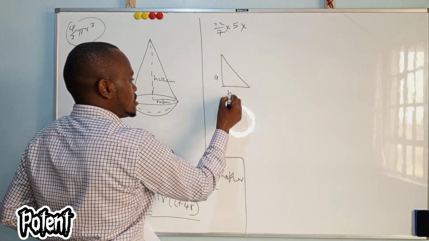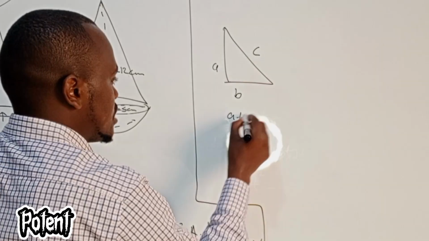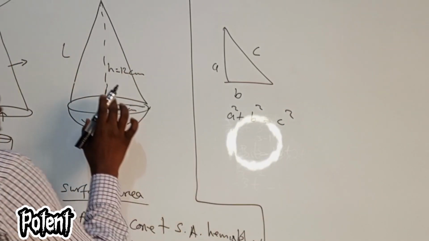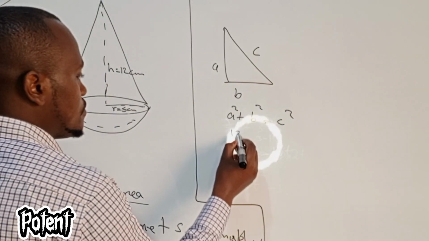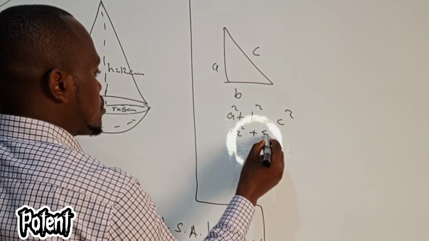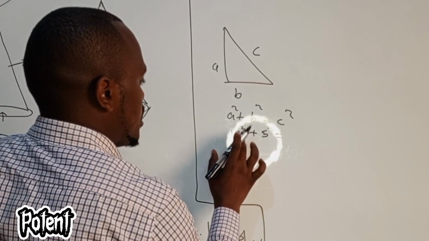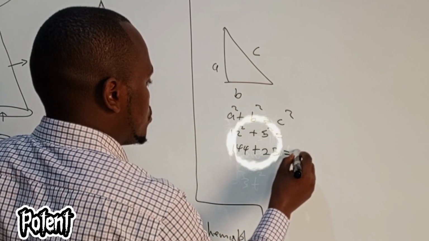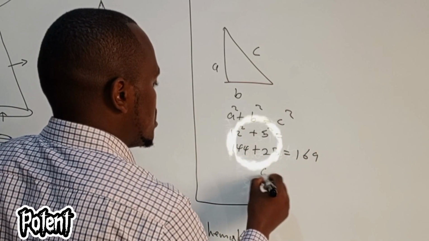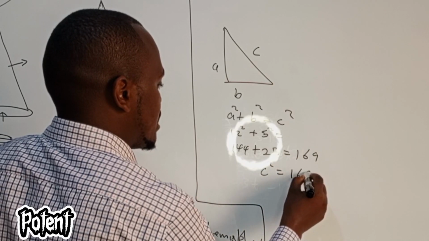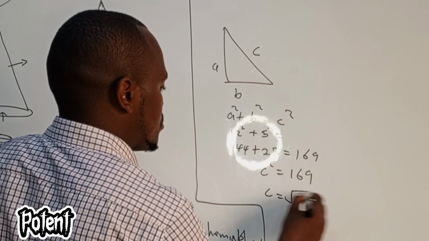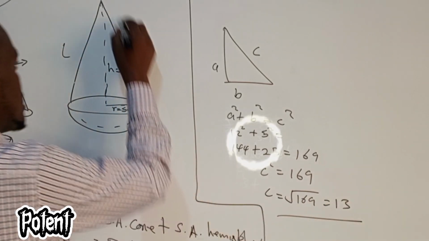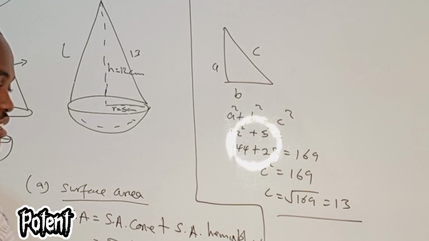This is A, this is B, this is C. So A squared plus B squared is equals to C squared. So 12 squared plus 5 squared is equals to, this is 144 plus 25 is equals to 169. So C squared is equals to 169. So what is C? The square root of 169, which is 13. So this is 13. Okay?